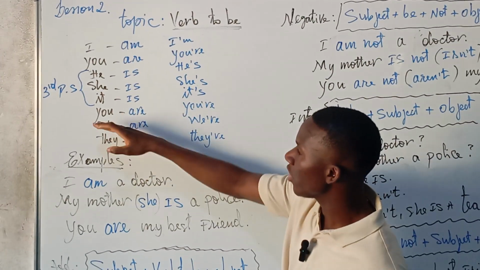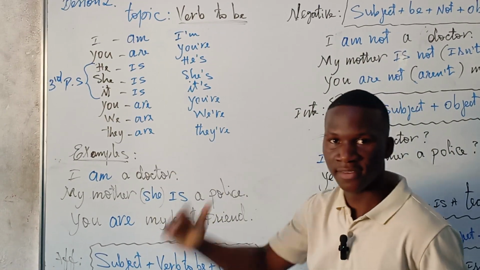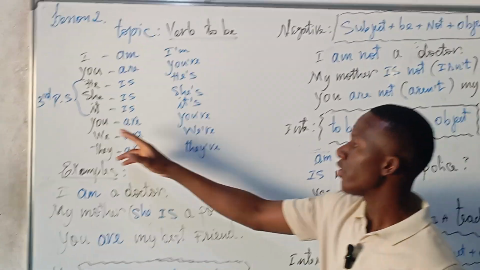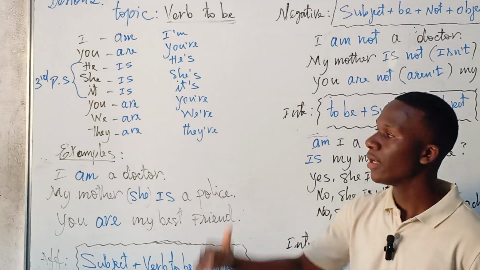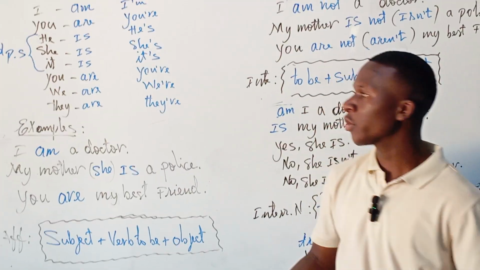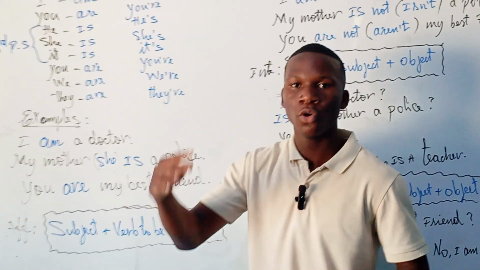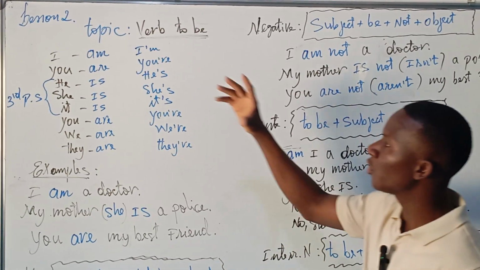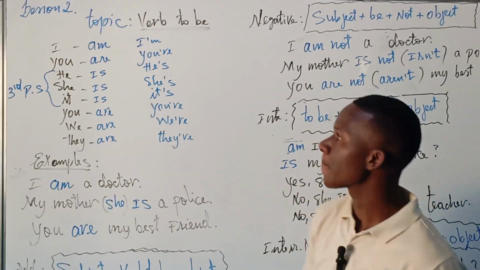And from here, you, we, and they refer to more than one person. You here in the plural can be used to refer to only one person, and also can be used to refer to two or more people.